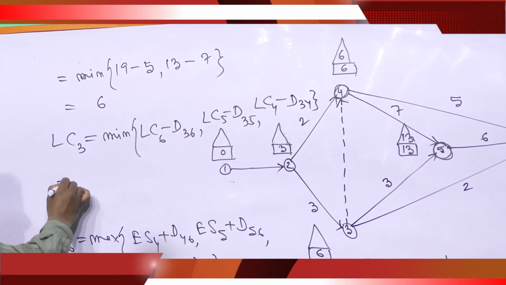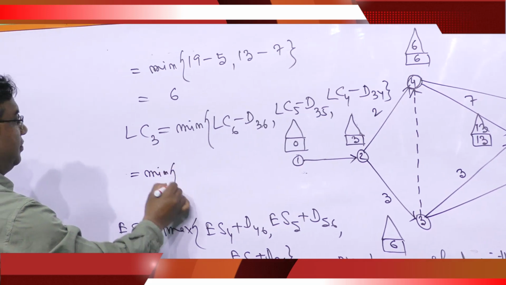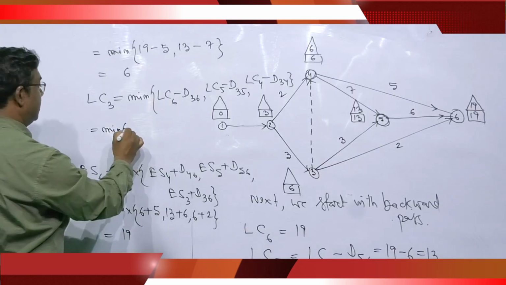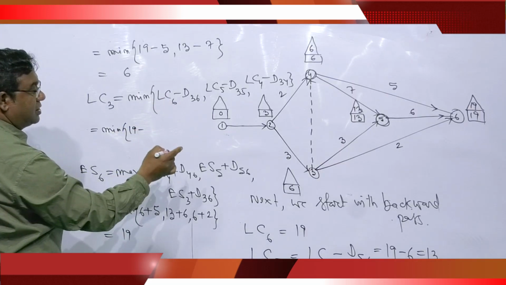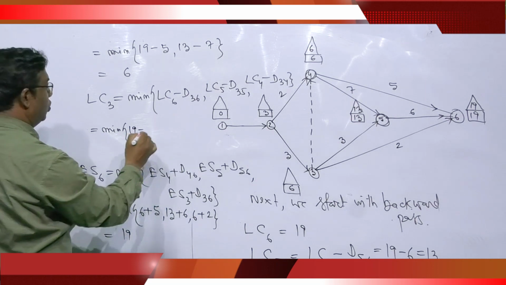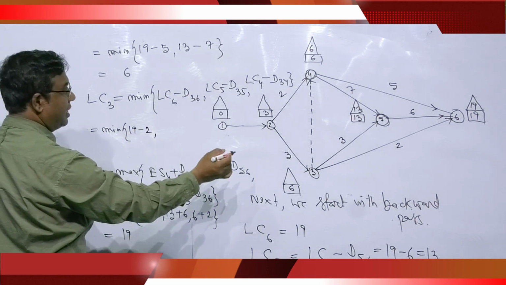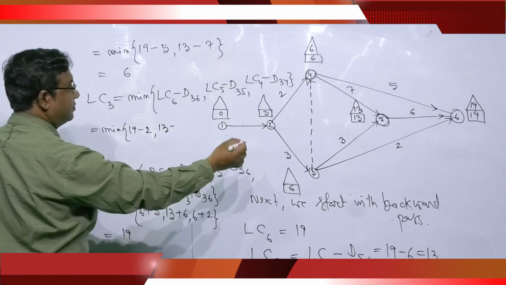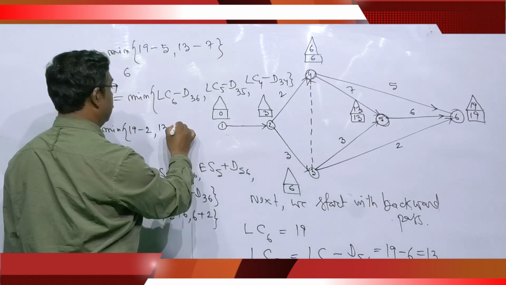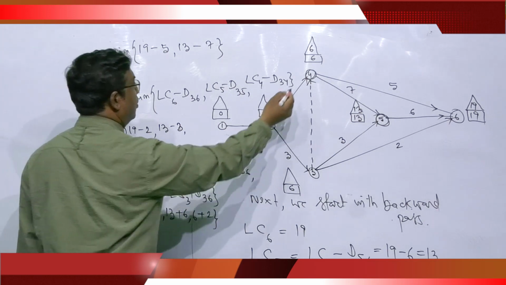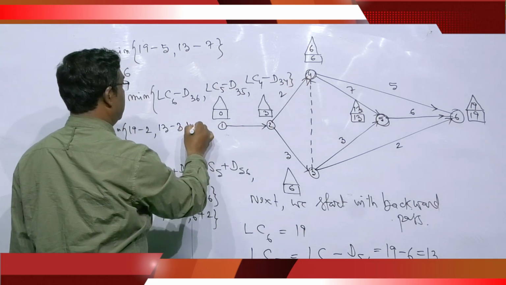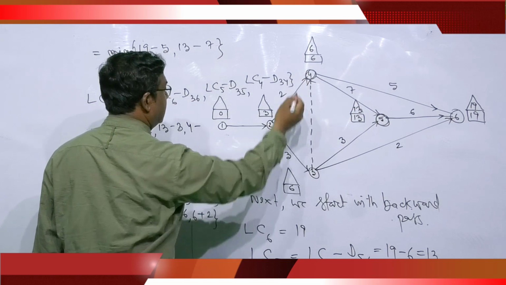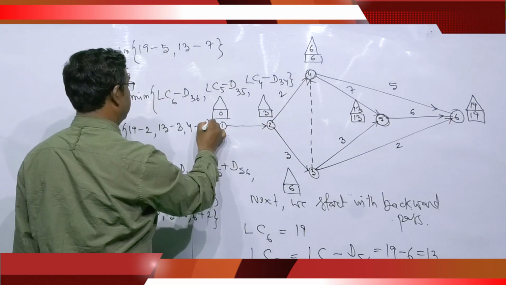This is equal to the minimum of LC6 19, D36 2, LC5 13, D35 3, LC4 6, D34, this is dummy, 0.